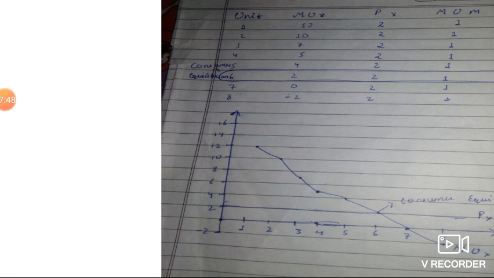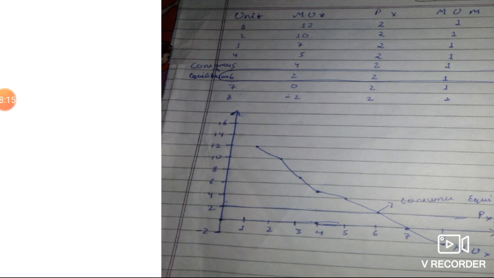So the consumer equilibrium formula is MUX upon MUM is equal to PX. Now what is MUM? Marginal utility of money is known as MUM. What does it mean?